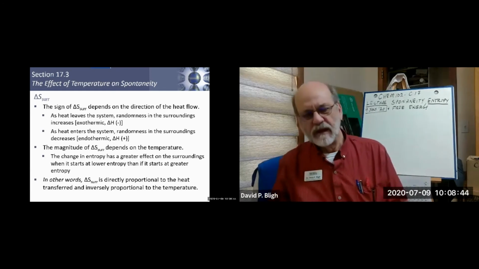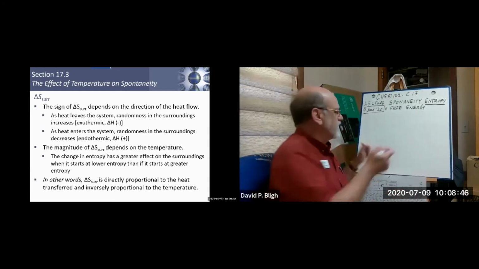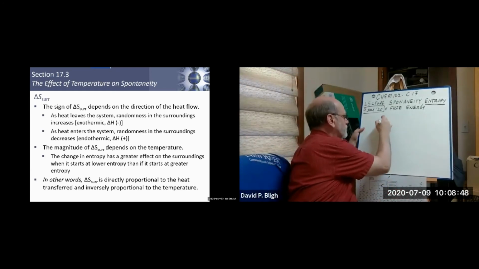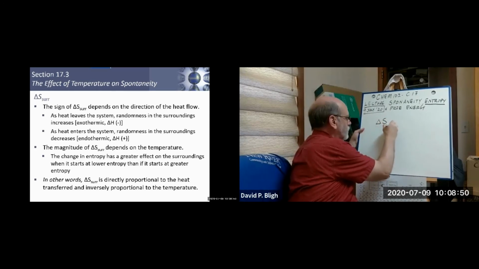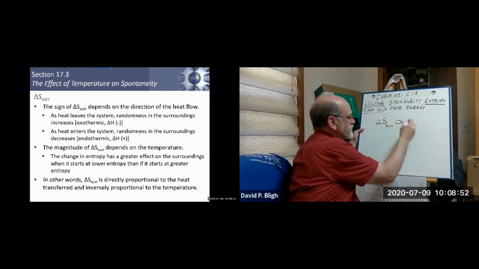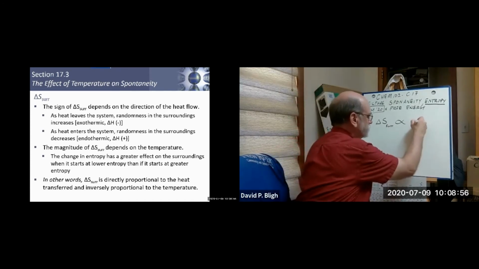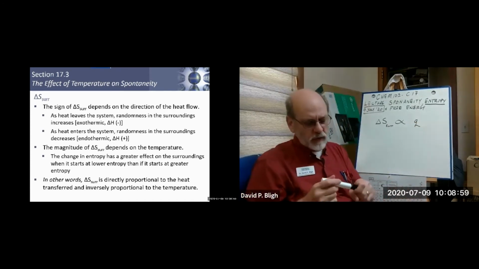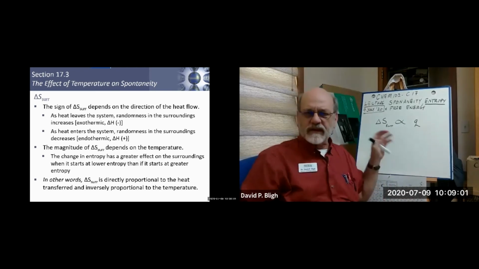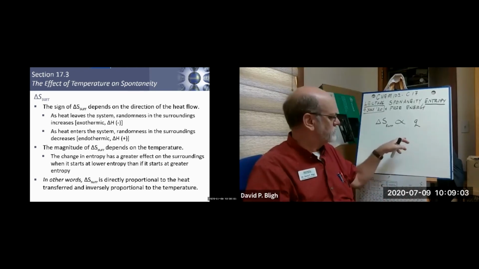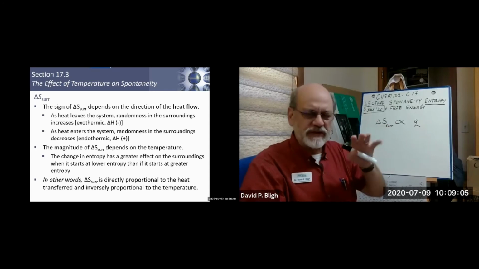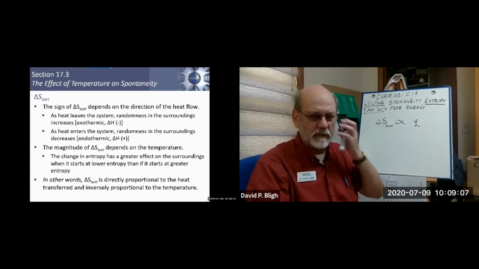So what we're saying is that the change in entropy of the surroundings is proportional to the heat transfer. And we're going to use Q rather than delta H, although under some circumstances Q and delta H are equal.